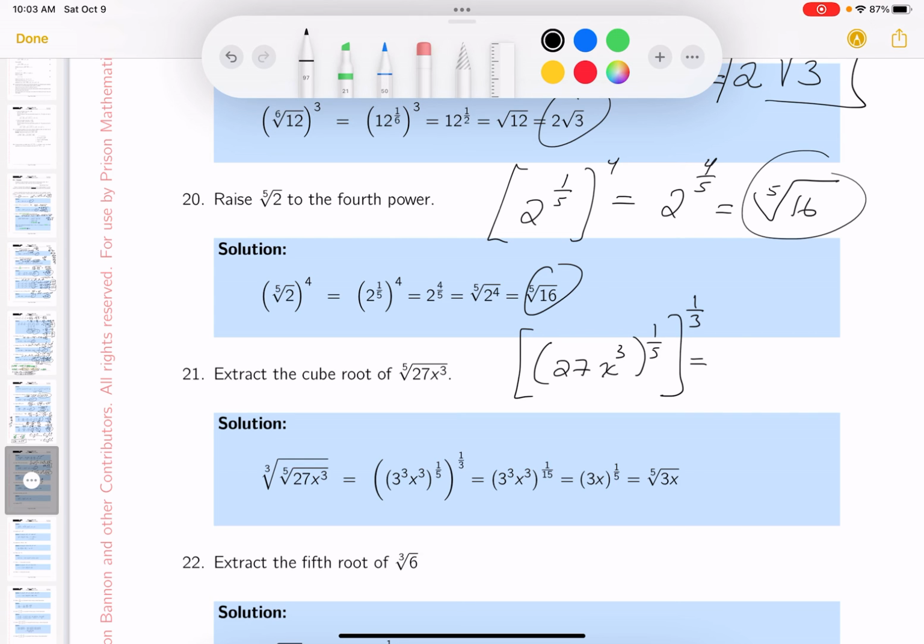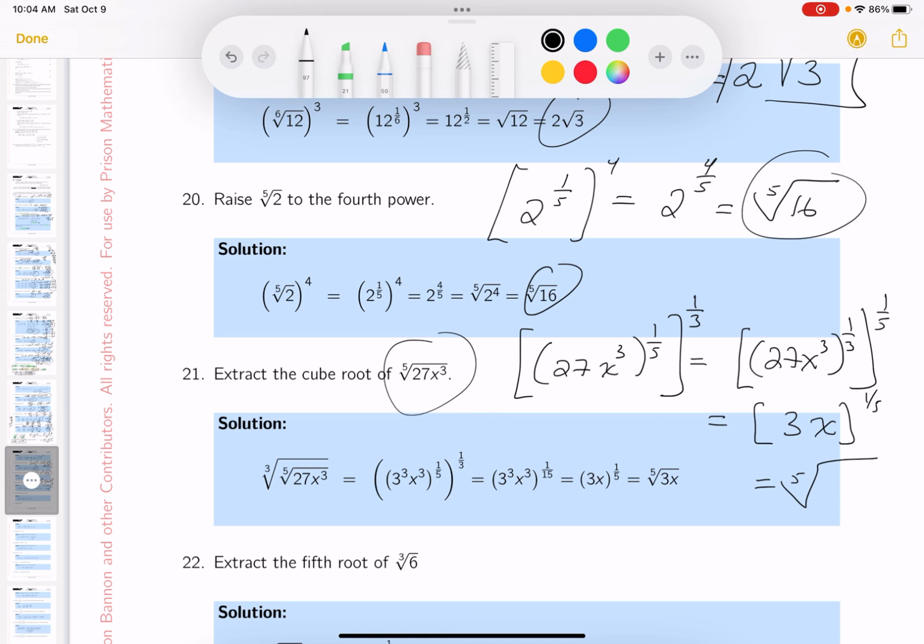I'm going to write it as 27 x cubed to the 1/3 raised to the 1/5. And again, you should know multiplications are commutative. That 1/5 times 1/3 or 1/3 times 1/5, same thing. Now I can take the cube root of 27. What's that going to be? 3. And the cube root of x cubed is just x. I'm going to write it as a radical because it's written as a radical to start with. And what's that going to be? The 5th root of 3x. I see that right over there.